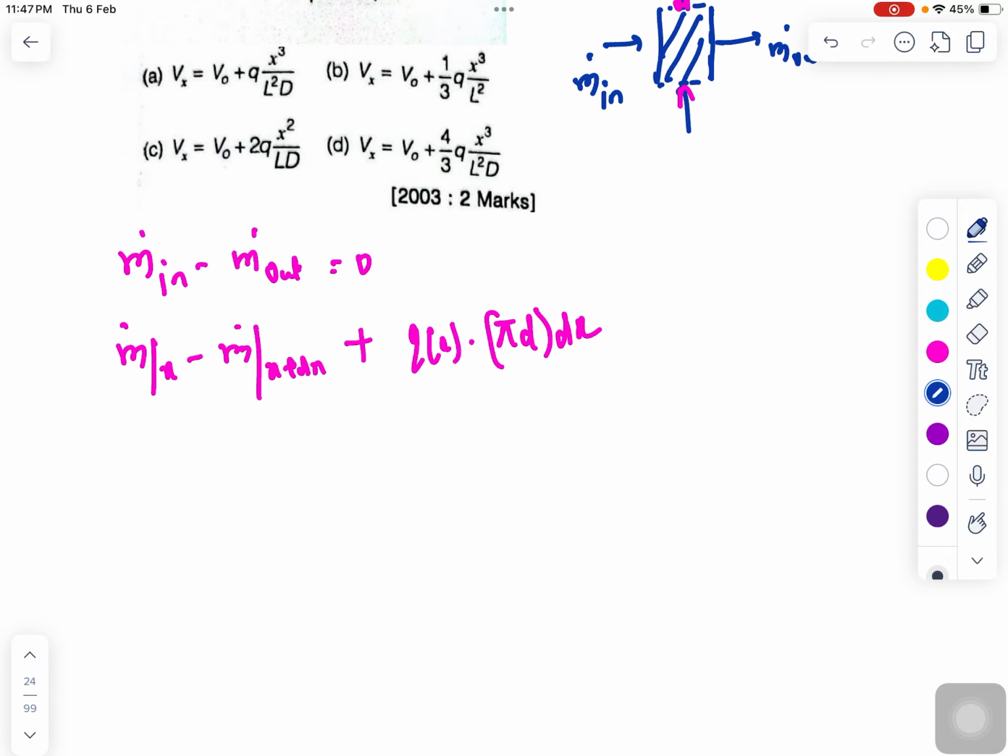So minus dm dot divided by dx plus qx into pi d equals 0.